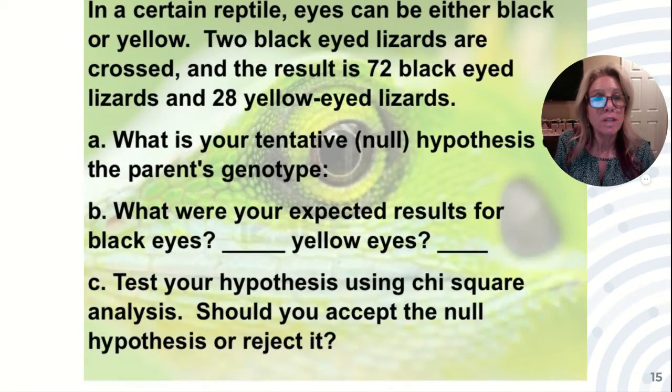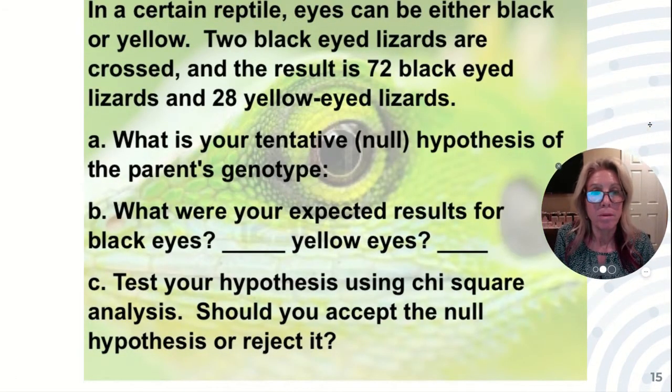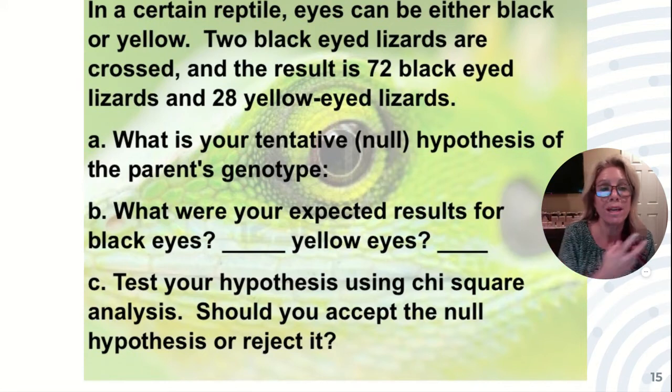All right, so let's try it with a genetics problem. This is just a simple dominant recessive trait. In a certain reptile, eyes can either be black or yellow. Two black-eyed lizards are crossed, and the result is 72 black-eyed and 28 yellow-eyed lizards.